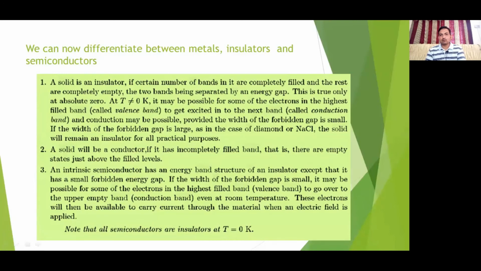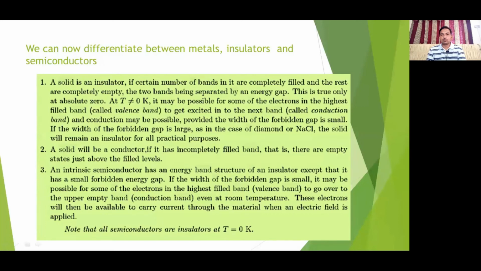Initially at 0 Kelvin, the valence band is filled and the conduction band is empty. At room temperature, some of the electrons thermally get sufficient energy to jump up to the conduction band, but these electrons are very few.